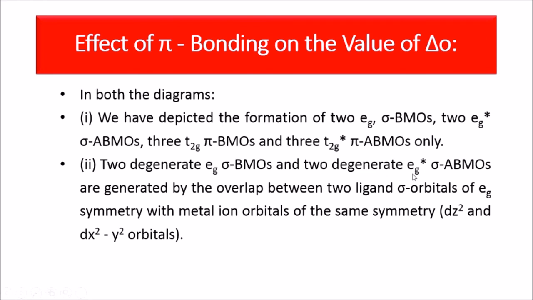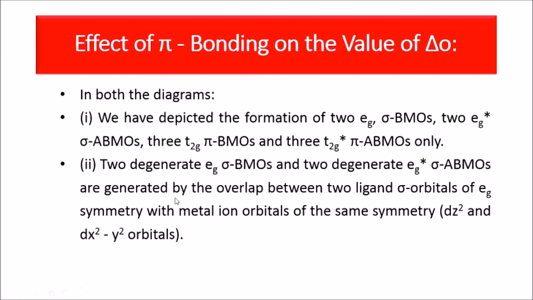In the second point, we need to focus on the two degenerate Eg sigma BMOs and two degenerate Eg star sigma ABMOs, which are generated by overlap between two ligand sigma orbitals of Eg symmetry with metal orbitals of the same Eg symmetry, and the Eg symmetry orbitals are dz square and dx square minus y square of the metal ion d orbitals.